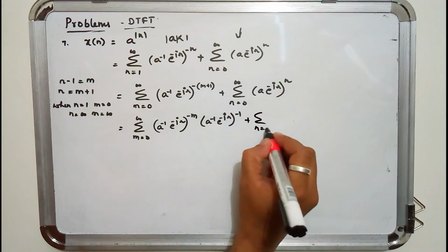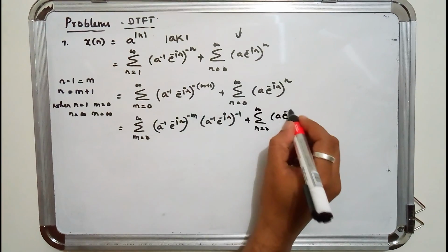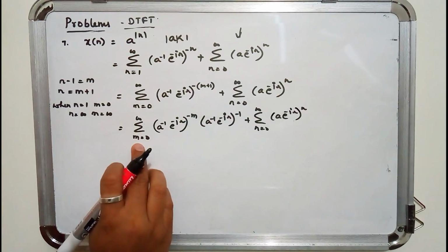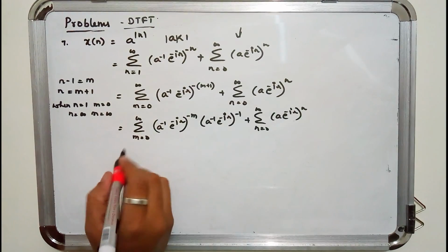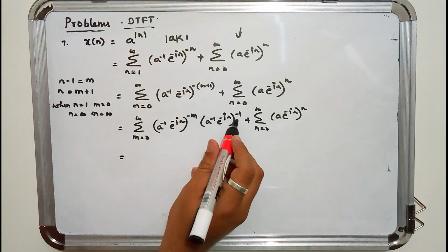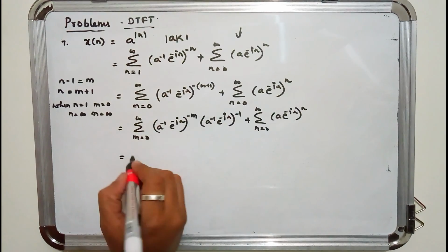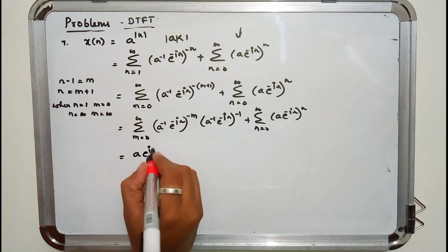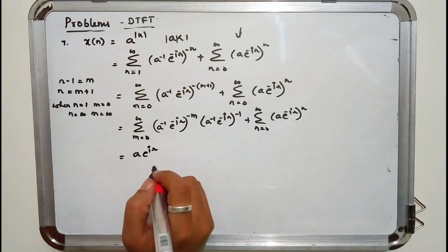Now the summation is on m, so this term is a constant, so I can take it out. So what it will be is a power minus 1 into minus 1, it is a, into e power minus j omega into minus 1 is e power j omega. So that is what I get.